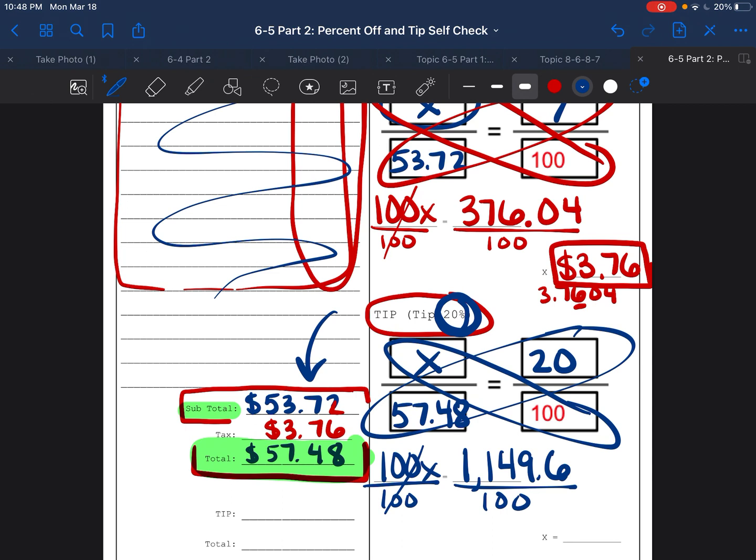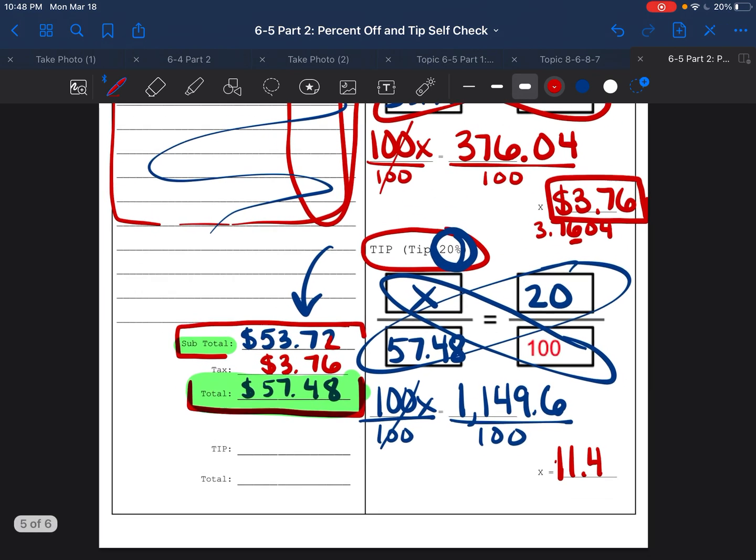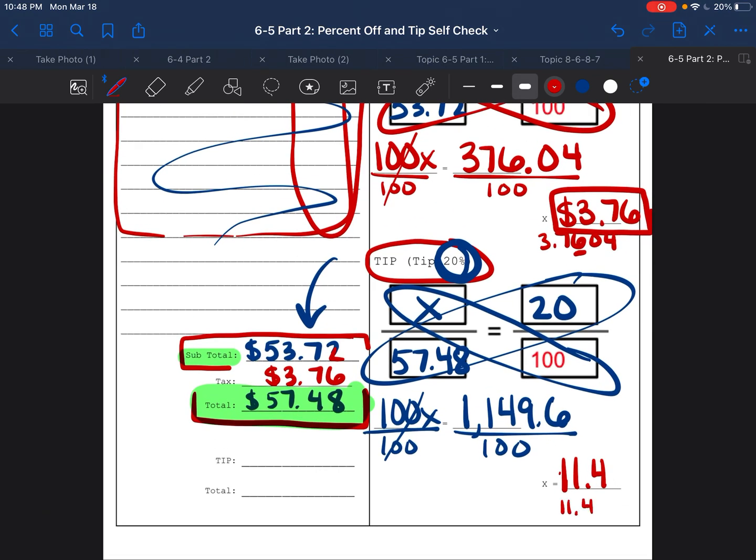And our tip is going to be $11. And it comes to 11.496. We're going to round that 9 all the way up. And that's going to round the 4 up to a 5. So we're just going to call it $11.50. So that number can now go in your tip.